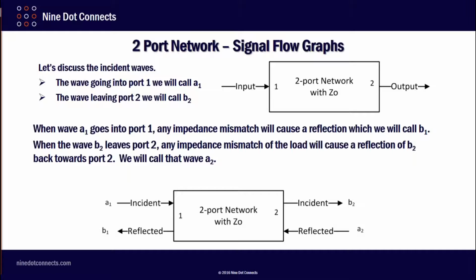Now I know I've been throwing around a lot of terms, but the main thing to get from this is when you're looking at a two-port network, you have two inputs. You have the A1 wave coming in from your source, and the A2 wave coming back from the load, based upon the impedance mismatch. The outputs are labeled B. You have an incident wave going to the load, and you have a reflected wave going back to the source.